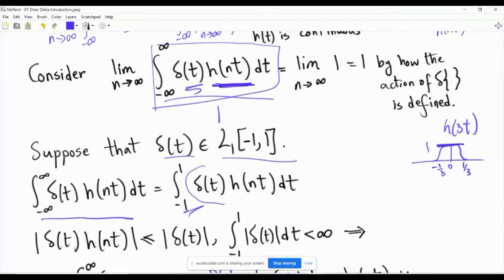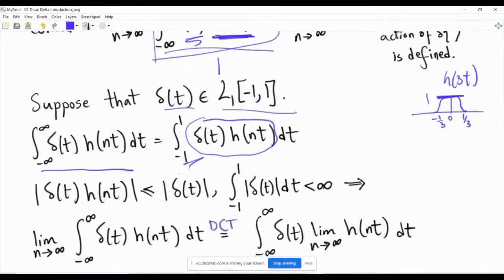Now, this is the integrand, and its magnitude will be upper bounded by the magnitude of this guy and the magnitude of this. H by design has a magnitude that is less than or equal to 1, and we assume that delta t exists and is absolutely integrable.